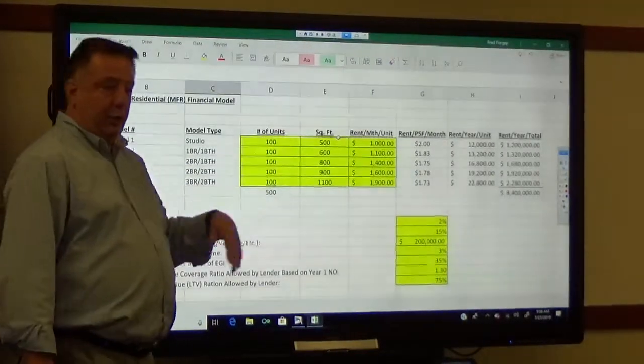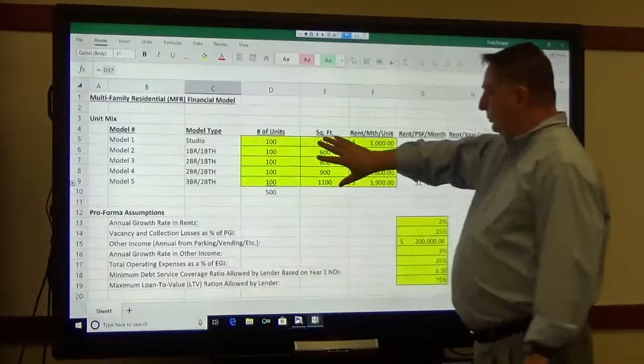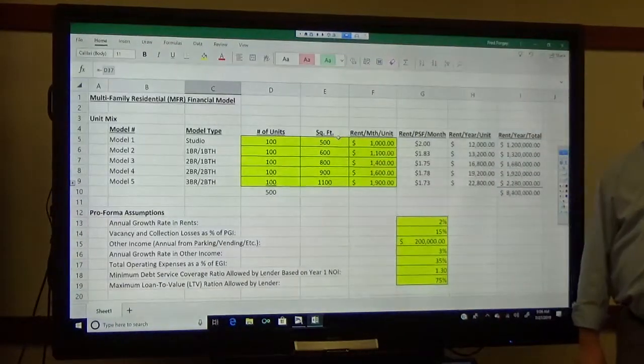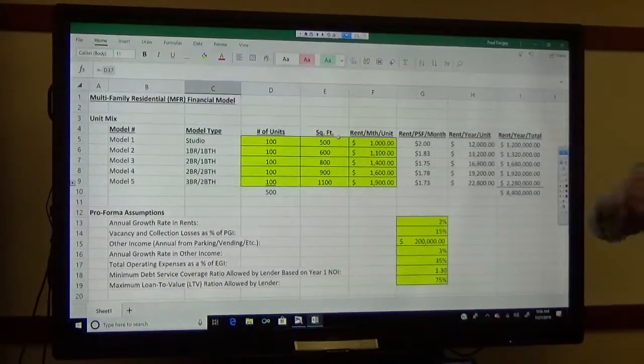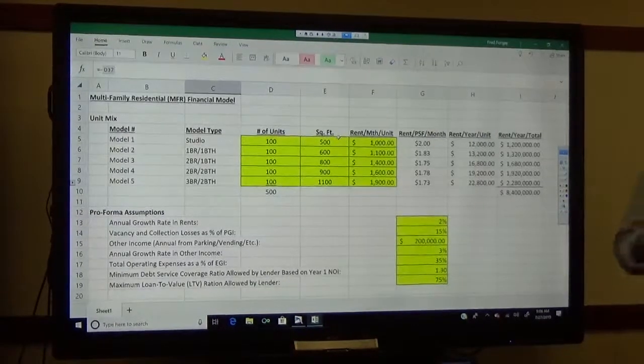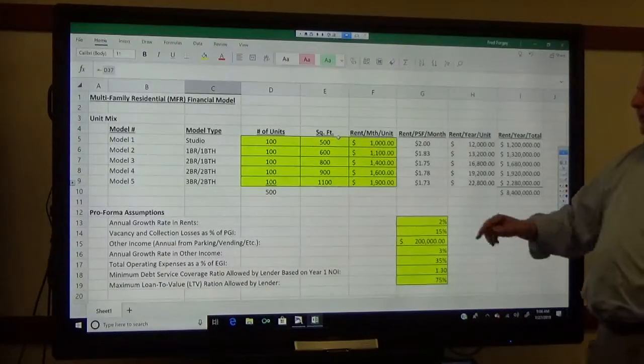Justify that. And then you've got to justify the square footage sizes. You've got to be able to say, here is maybe the market type, but we're going against the market for whatever reasons. We're going with a smaller unit type, or a bigger unit type. Whatever justifications you have, express those.